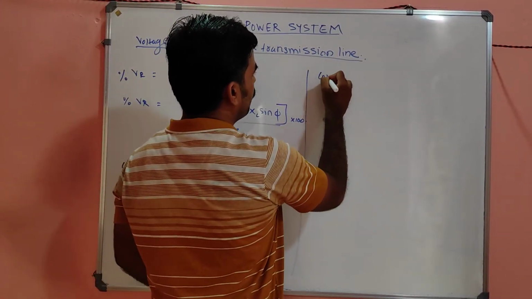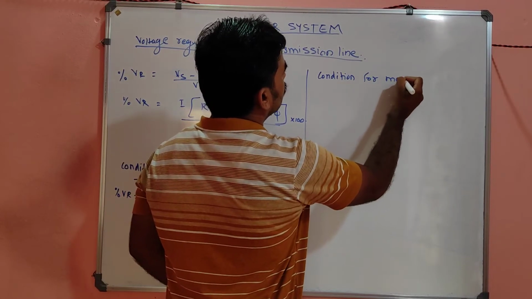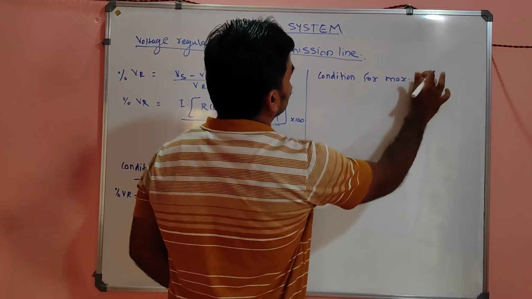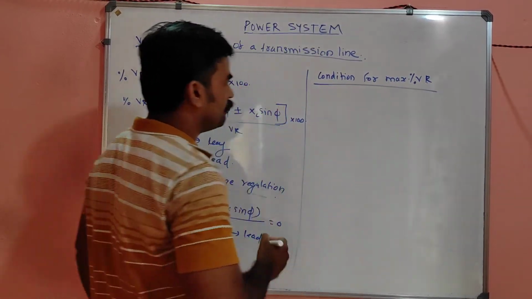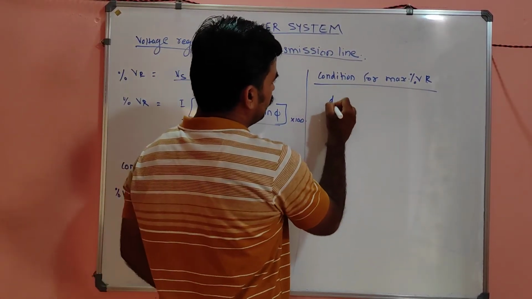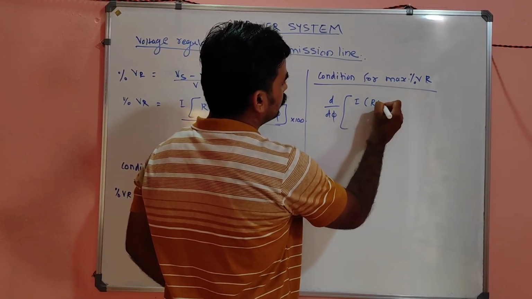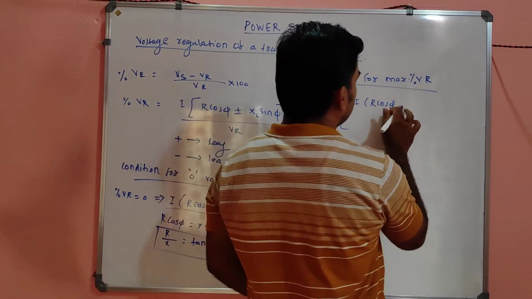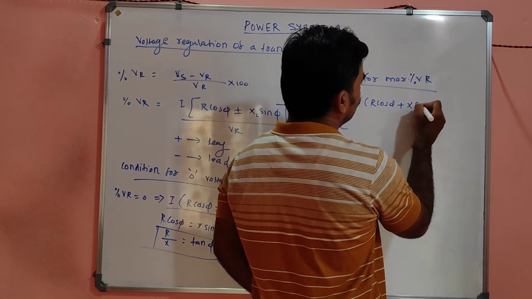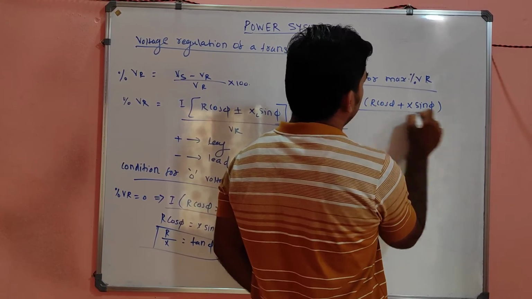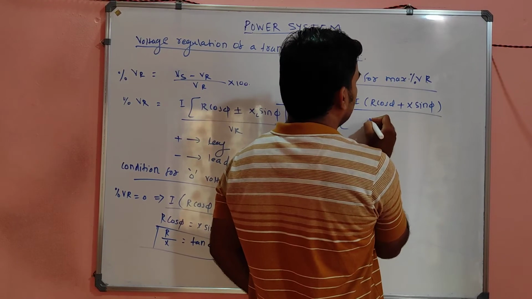Condition for maximum voltage regulation. Maximum voltage regulation can be obtained by d by d phi of I into (R cos phi plus X sin phi) divided by V_R. It will be plus, because maximum will be plus.